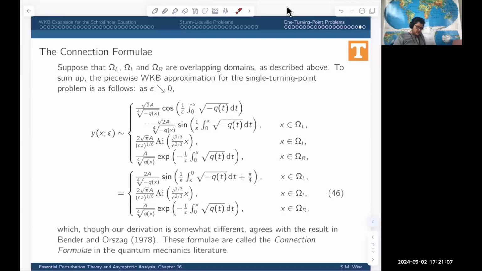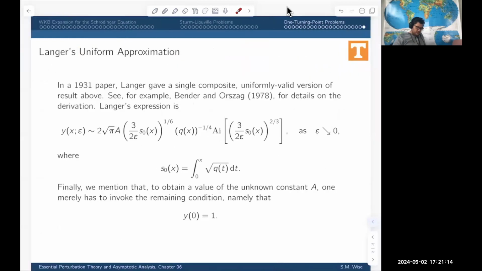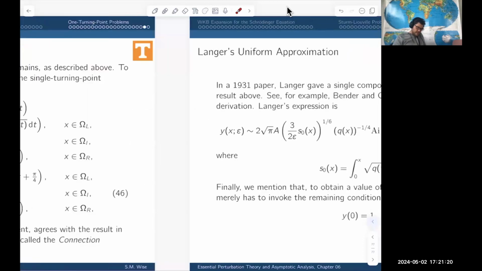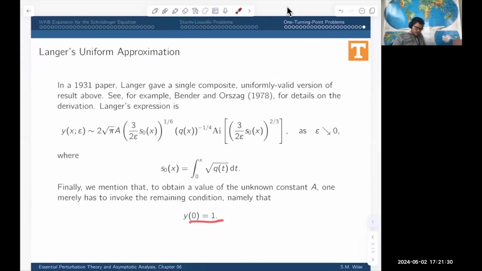So I'm just going to keep it in there when I write out the connection formula. Otherwise, you can deduce that parameter by this condition here. In fact, the way you do it is you just plug in 0 for the Airy function, and you get pretty quickly what a should be if you want to have this be your normalization.